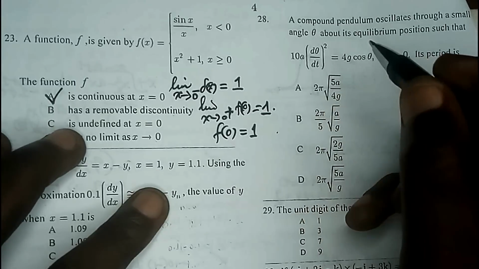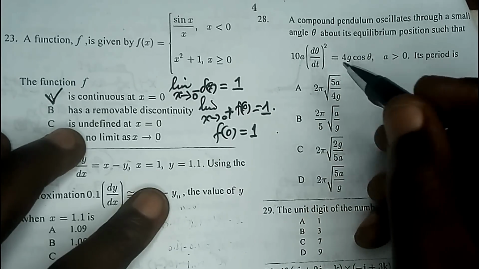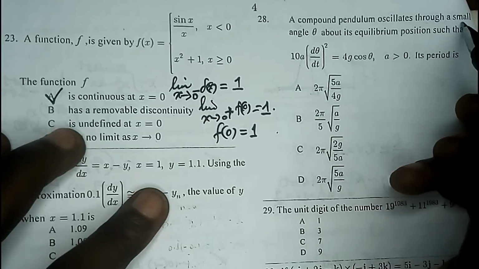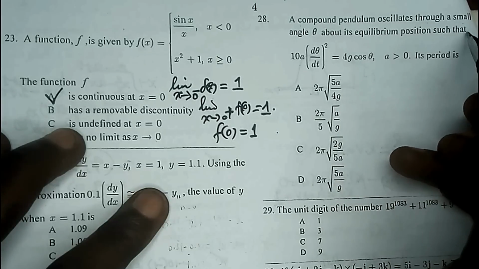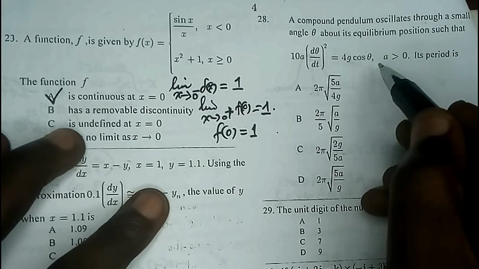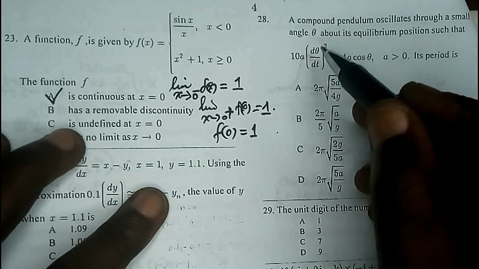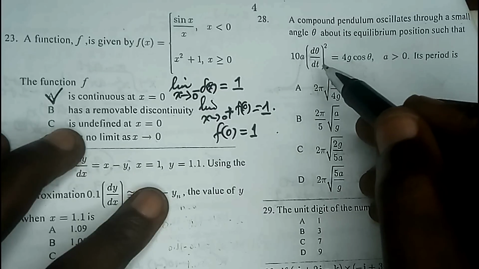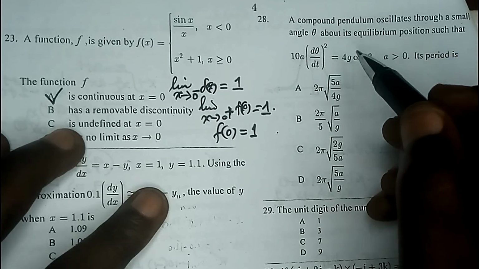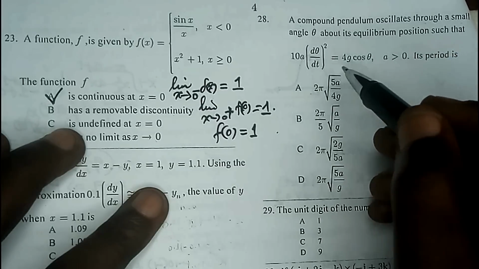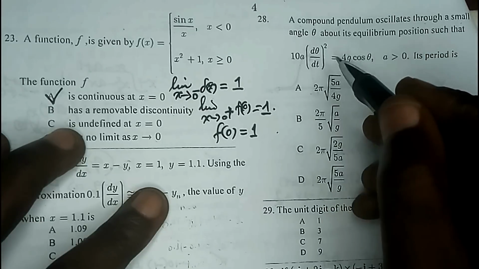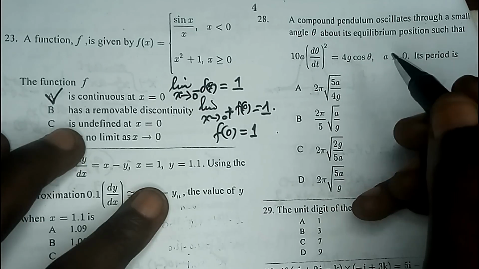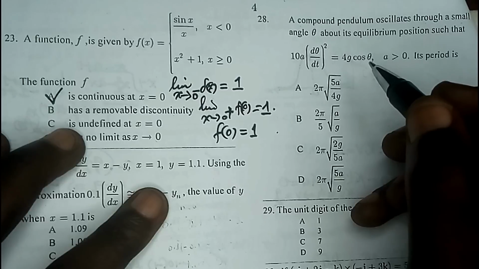In number 28, a compound pendulum oscillates through a small angle theta about its equilibrium position such that this holds. Usually this equation with d theta dt, or theta dot squared, results from the energy equation when you conserve mechanical energy of the oscillating compound pendulum.